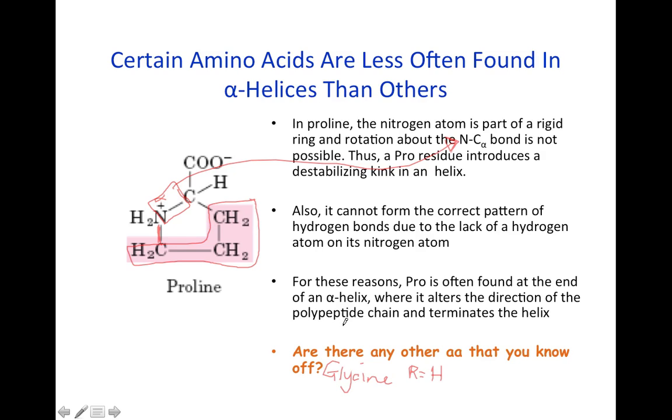What that means is that because its R group is so small, it has a lot of conformational flexibility. And in essence that destabilizes the alpha helix. So glycine is another guy who's not really welcomed in the formation of alpha helices.